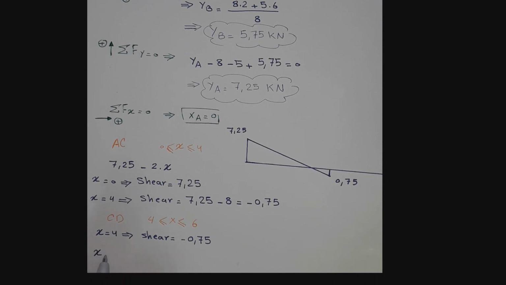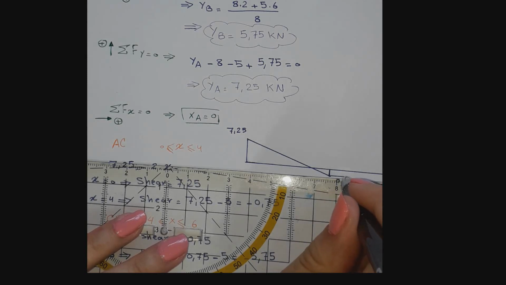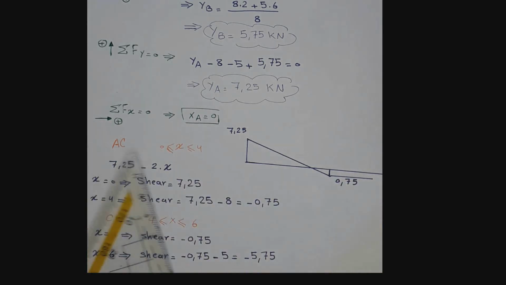So when x equals 6, shear became minus 0.75 plus minus 5, which is minus 5.75. So we will draw immediately. Between C and D, shear stays the same.